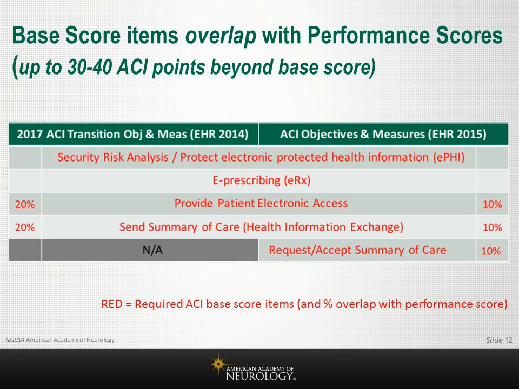So for example, in line 3 here, provide patient electronic access. In order to score your base score, you only have to provide one patient electronic access, basically proving that you can use your EHR. Here, in performance scores, the score is asking what percentage of your patients are you providing that access to? And I will go over the calculation of that partial credit in the next slide.